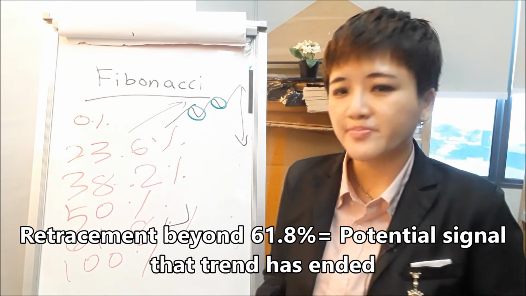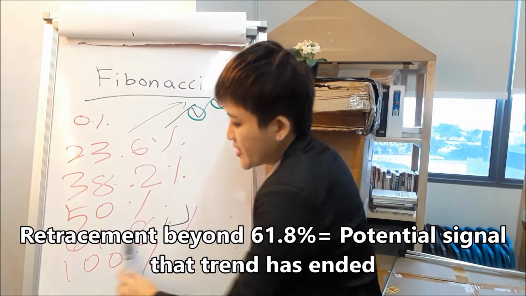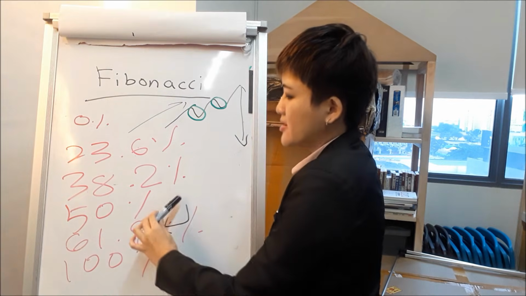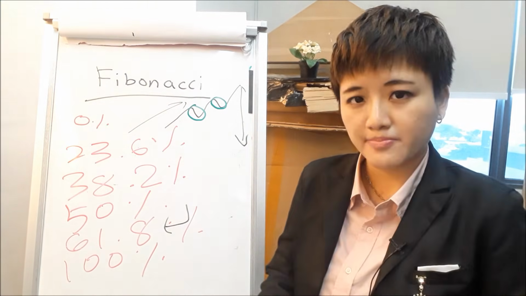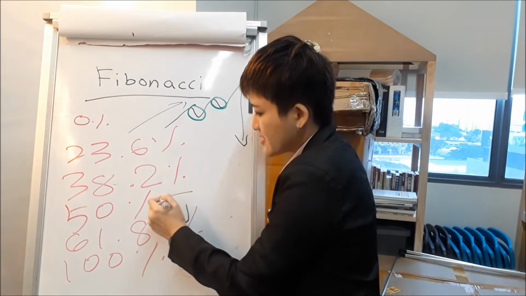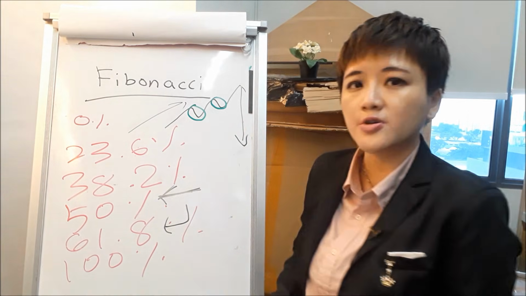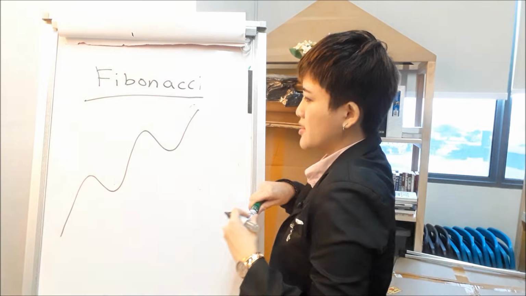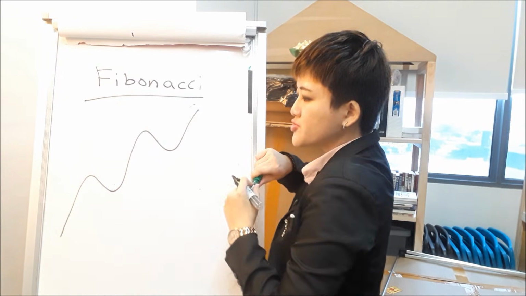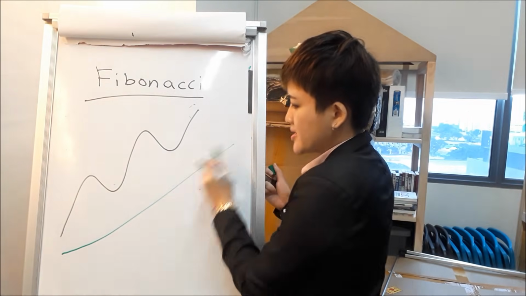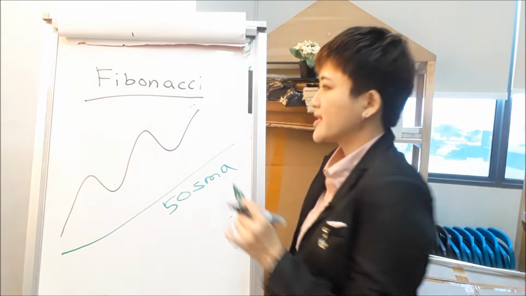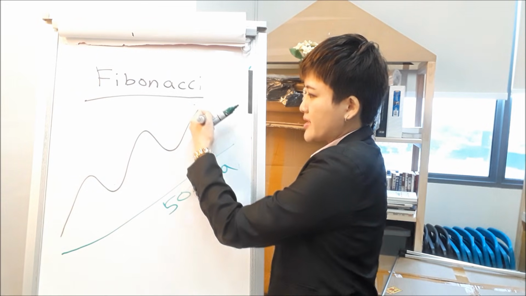So very often you'll see price testing 61.8 and then bouncing back up, testing 50%, bouncing back up. These are the two good levels to go in. The good thing about trading on a retracement is that when the price goes too far away from, let's say, your 50 SMA, the chances of it going down increase.